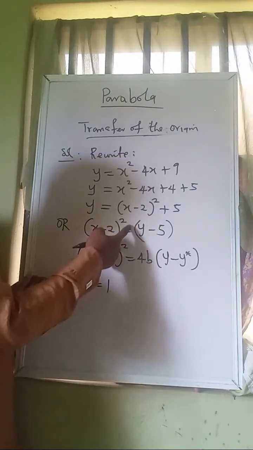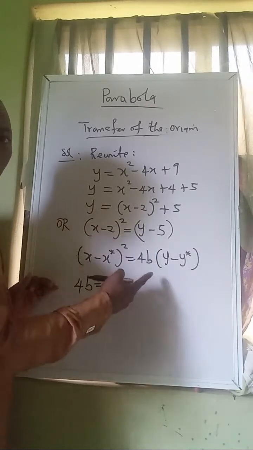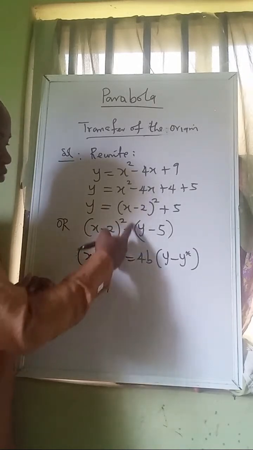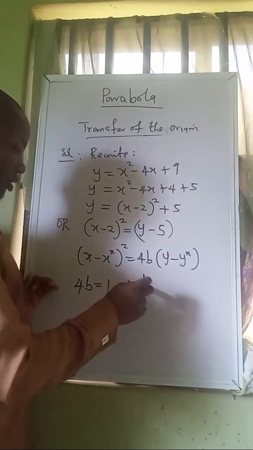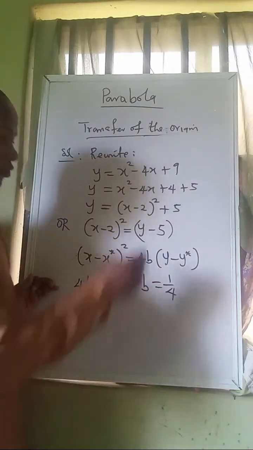That is, the entire number here is 1. So when we compare, it means 4b here is 1. Okay, and this implies that b is equal to 1 over 4 for this case.